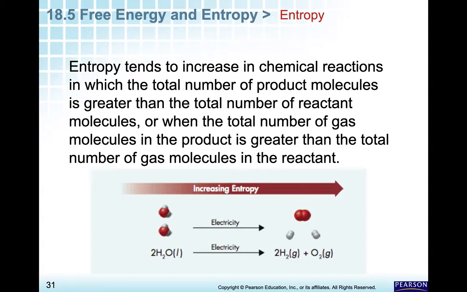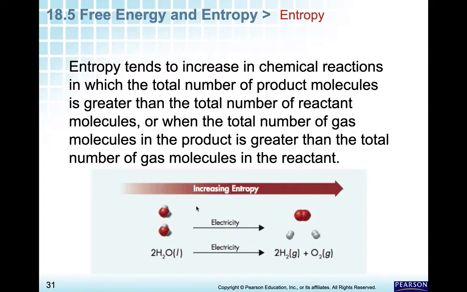So entropy increases if we make more things. All else being equal, if everything's a solid, then the side that has more compounds, more different compounds, is a bit more disordered. Typically, what's really going to come into play, though, is the side with more gas molecules, because again, the gases are just a huge factor. They have so much more chaos potential than everything else.